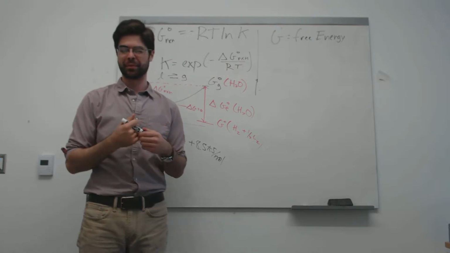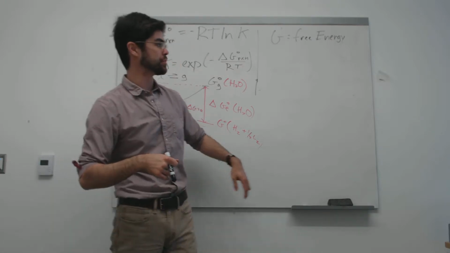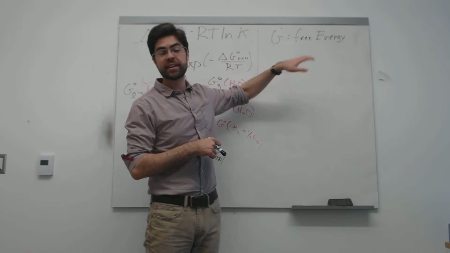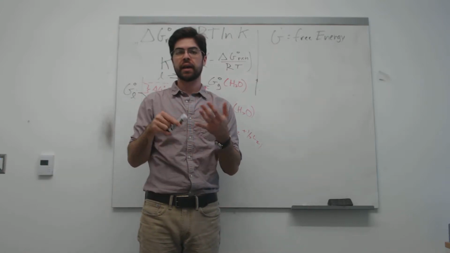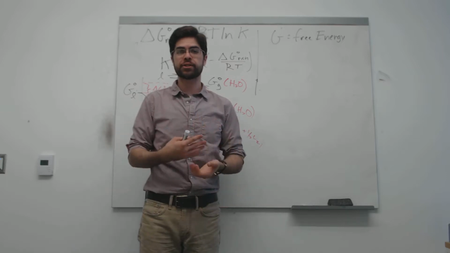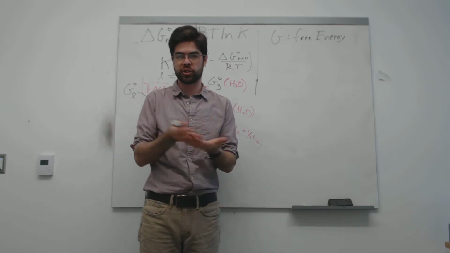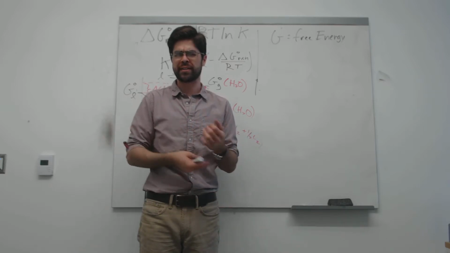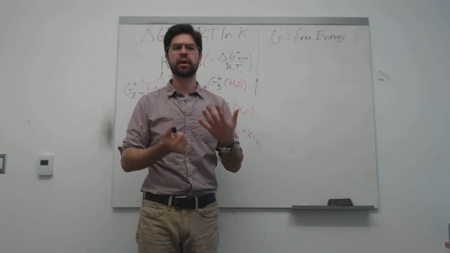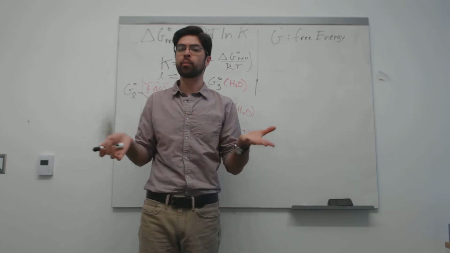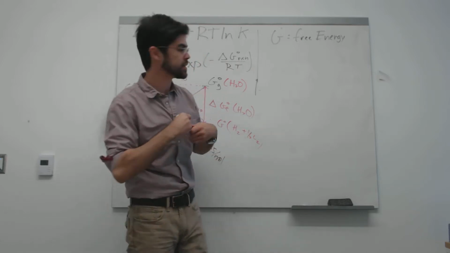I'm not going to be able to come up with a great analogy here, but it's just the actual value of free energy. It takes into account its actual energy and how disordered that energy is. So it takes into account entropy, but beyond that, it's still just how much energy something has.